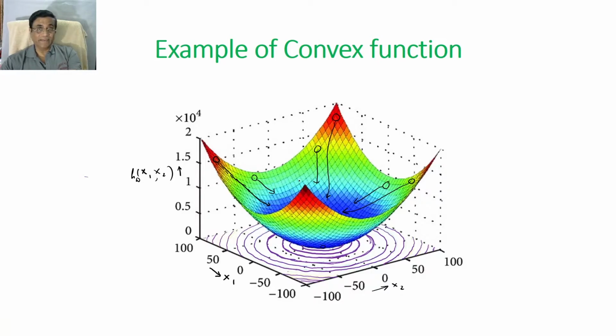So we'll run the gradient descent algorithm here to get the optimum value of the function, and corresponding to that optimum value, we'll get the parameters. That is as simple as this.